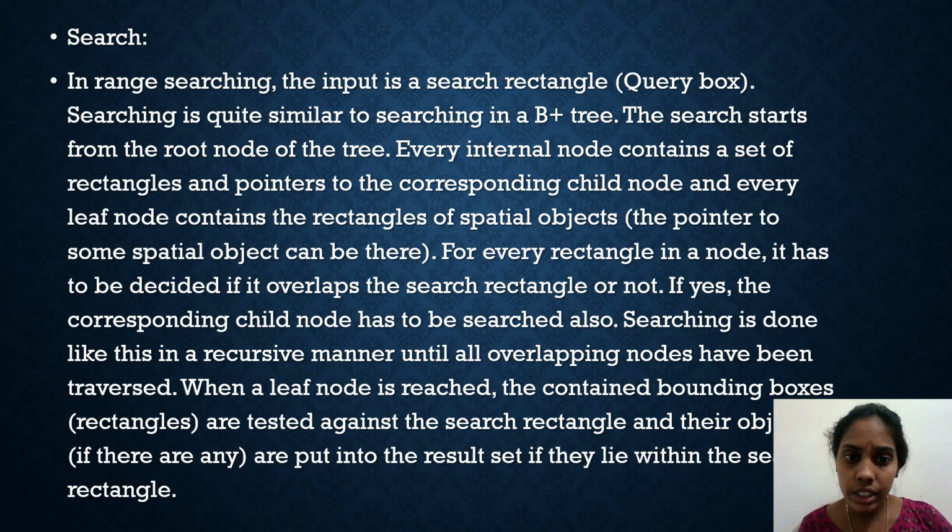If so, the corresponding child node has to be searched also. Searching is done in a recursive manner until all overlapping nodes have been traversed. When a leaf node is searched, the contained bounding boxes are tested against the search rectangle, and their objects are put into the result set if they lie within the search rectangle.